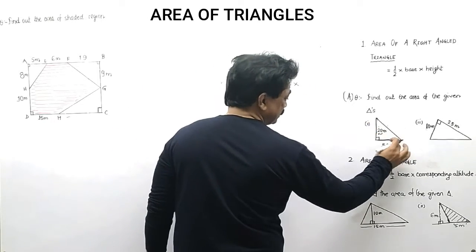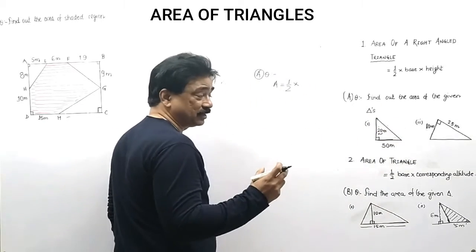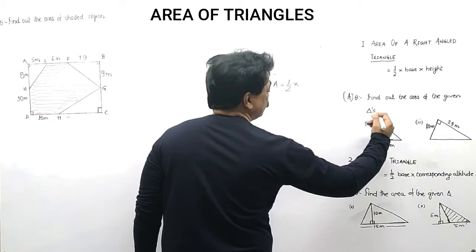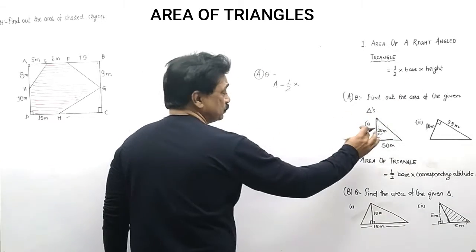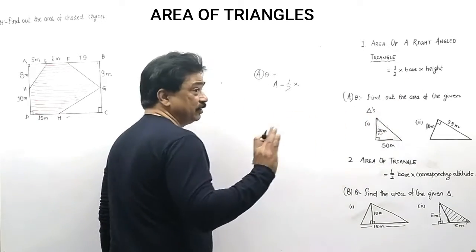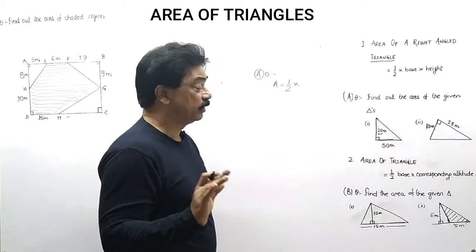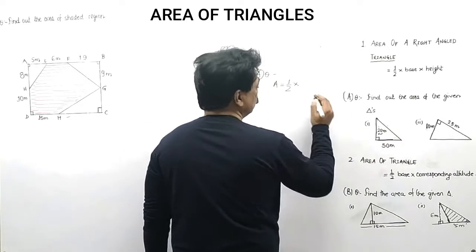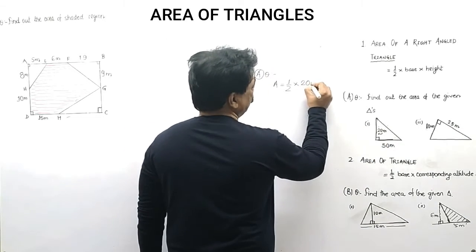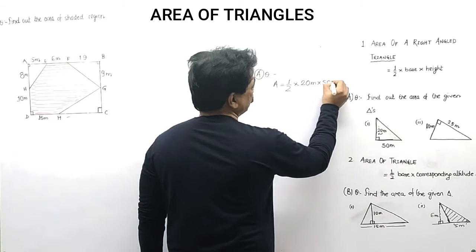This side and this side make the right angle. So we always ignore the hypotenuse, the side in front of the 90 degrees; it never comes into the calculation. Only the product of these two you take, 20 meter into 50 meter.